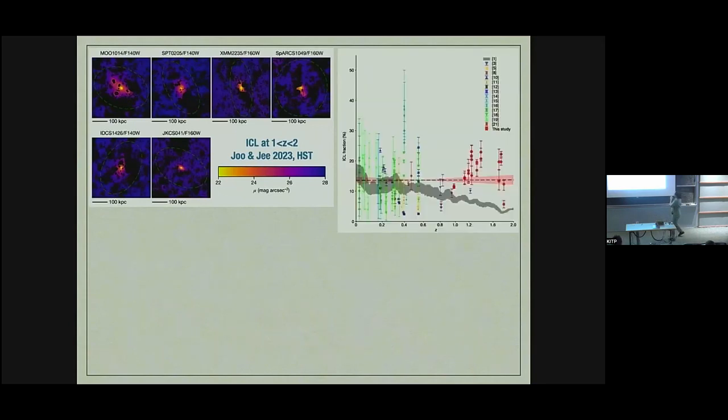If we put their work in context with much of the work that has been built up in this field over the last 10 or 15 years, and we look at the intracluster light fraction, which we saw an earlier diagram of at the beginning of the talk, over cosmic time, now not just going to redshift 0.6, but going all the way to redshift 2 with this new study, it looks like the intercluster light fraction is not changing, which is different than what I just said.